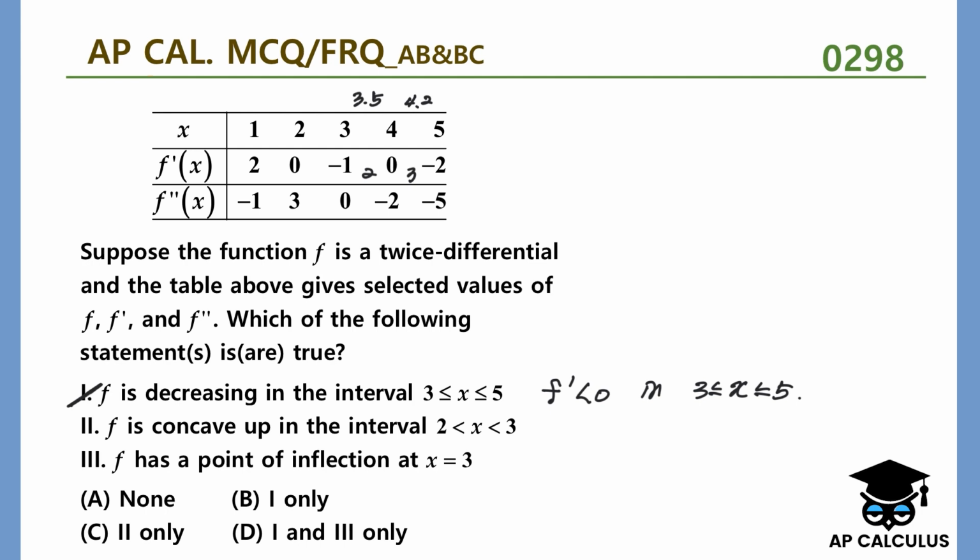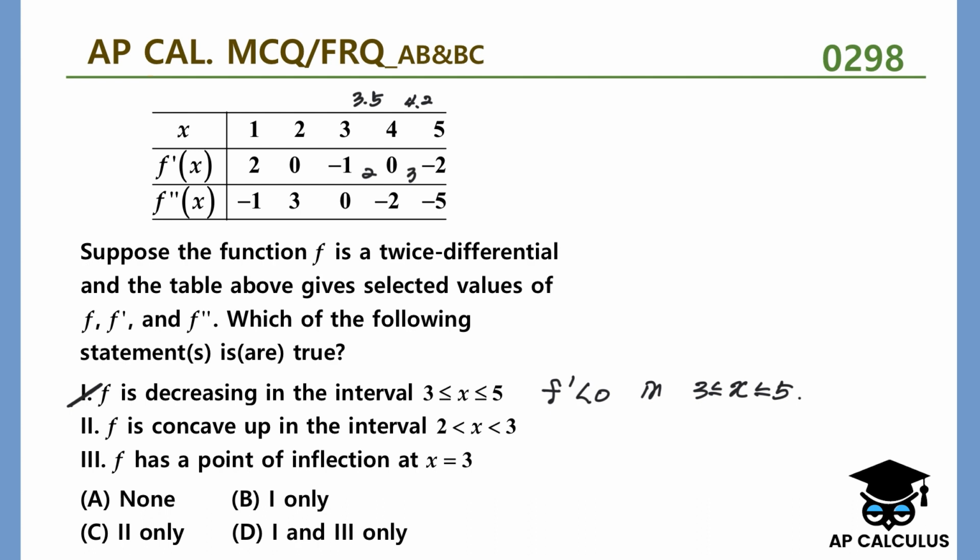Okay, second part. f is concave up in this interval right here. Okay, this one too. From 2 to 3, when x is 2, f double prime is positive. When x is 3, it's 0, right? But between 2 and 3, we don't know what the values of f double prime are, right?